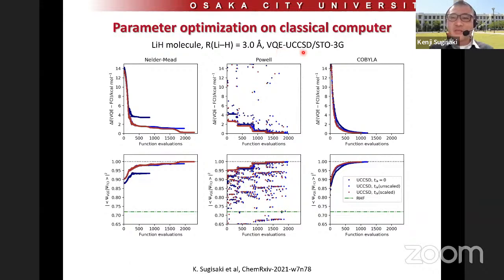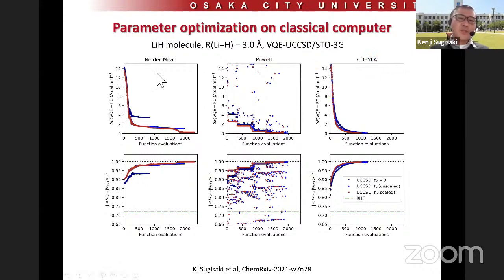We performed the VQE with the UCCSD ansatz in conjunction with the STO-3G basis set. The result of the optimization was something like this. In this paper, I examined 3 different optimization algorithms: Nelder-Mead, Powell, and COBYLA.